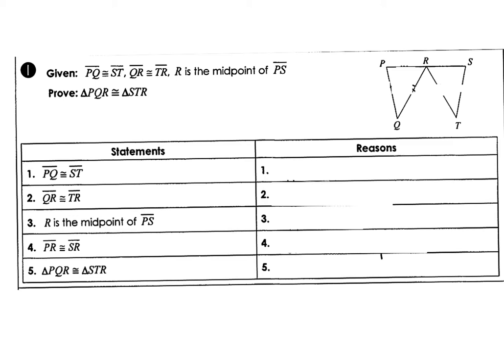And so these first two things right here, we know because they told us. So what's the reason we can write that down? Yeah, so these are both going to be given.